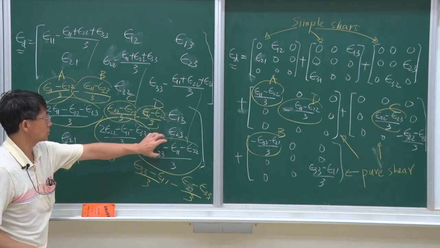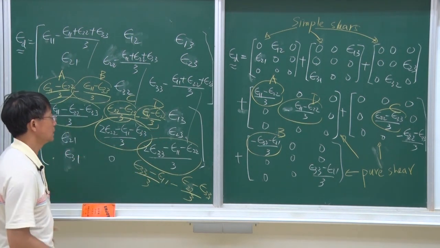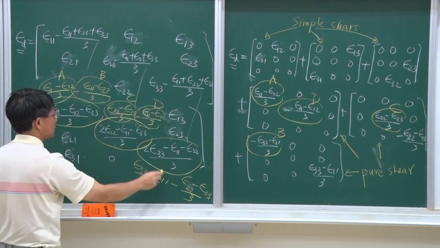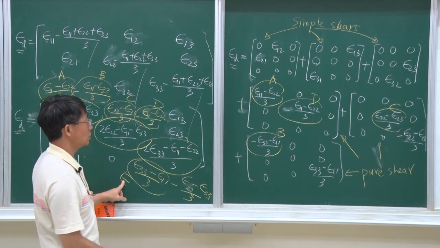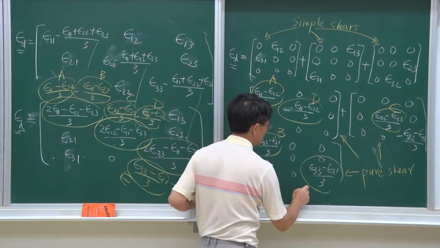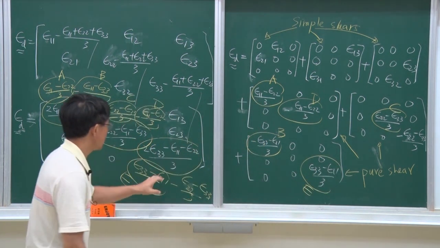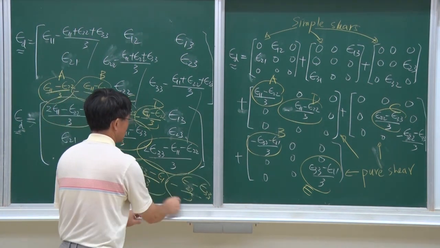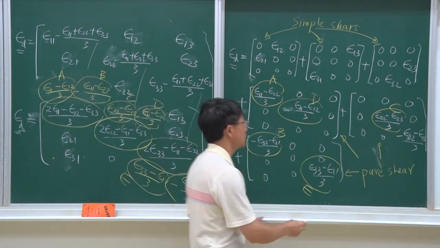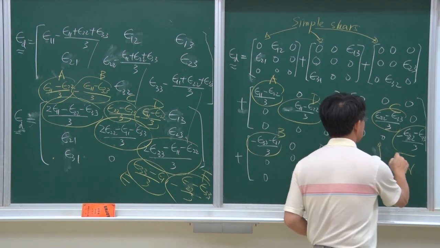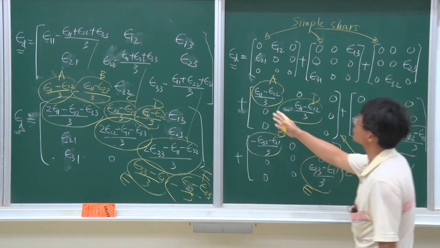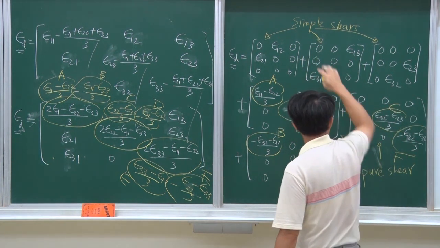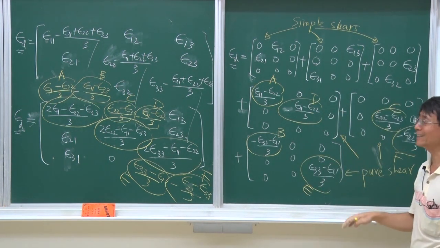I decompose this term into this term and this term. And then A, B, C, D, E. Where this term E goes, it goes to here. Where this term F goes, to here. So in this way, we can decompose the whole deviatoric strain matrix into the simple shear and pure shear. Understand?